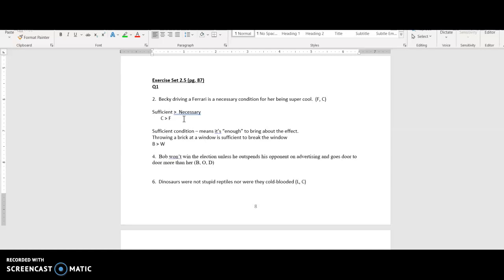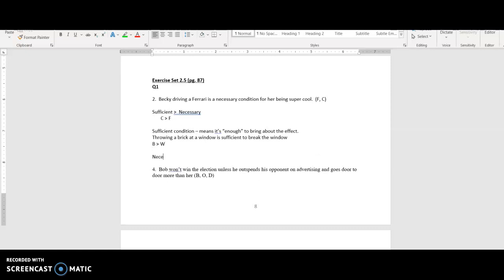But notice that throwing a brick at a window is not necessary to break a window, because there's lots of other ways to break a window. Necessary means if it's not present, the effect won't come about.